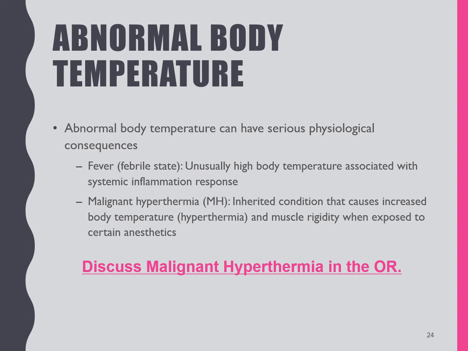And so the first thing that they're going to do is stop administering those anesthetics that could possibly be triggering the malignant hyperthermia. They're going to increase oxygen saturation to 100%.